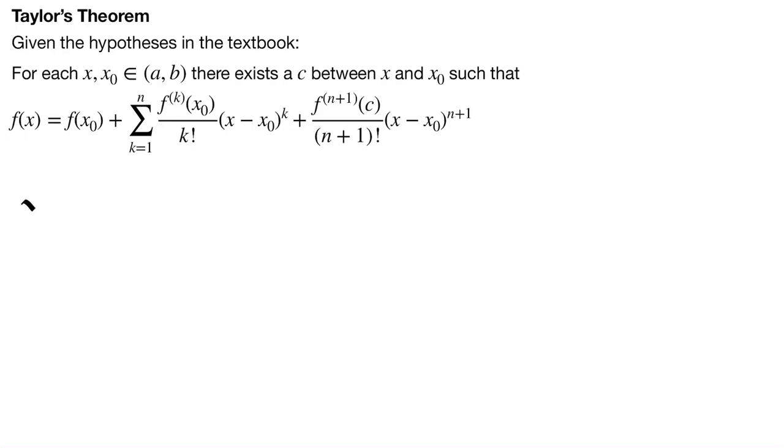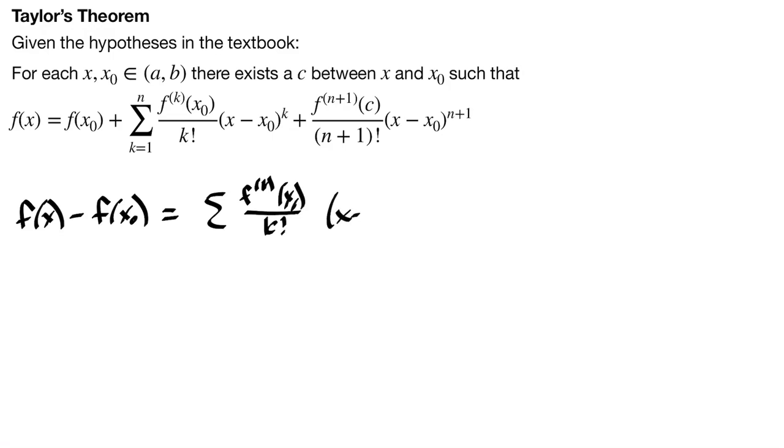Okay, so if I move my f of x naught over to the other side, I would have f of x minus f of x naught equals the sum of all these derivatives over k factorial times x minus x naught to the k.